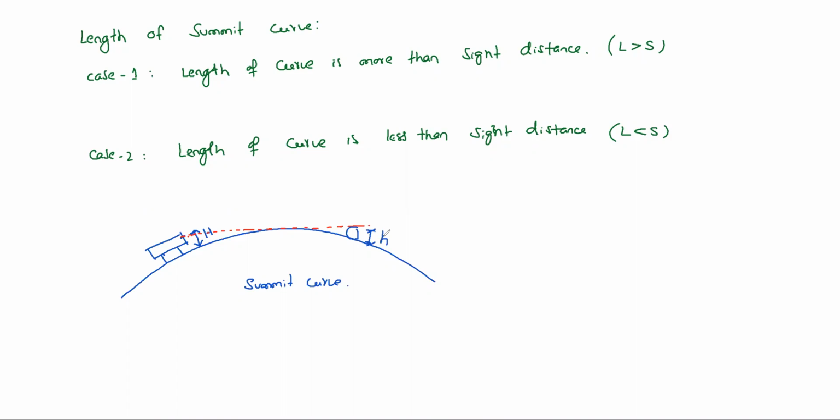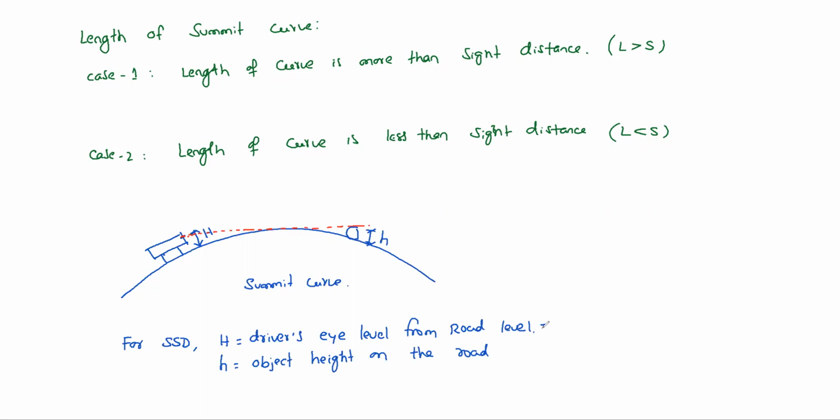Generally for stopping sight distance, H is the driver's eye level height from road level, and small h is the object height on the road.